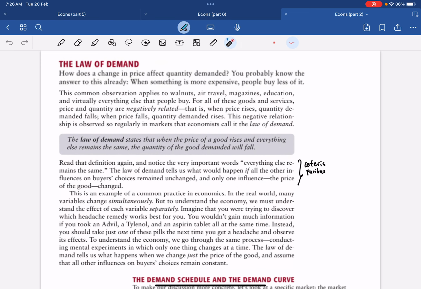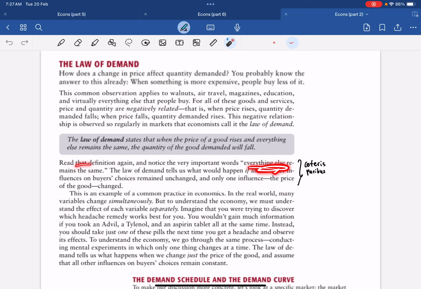By the law of demand, if the price increases, you must demand less quantity. So that means that as the price rises and with everything else staying the same, meaning nothing else changes, the quantity of a good demanded will fall.